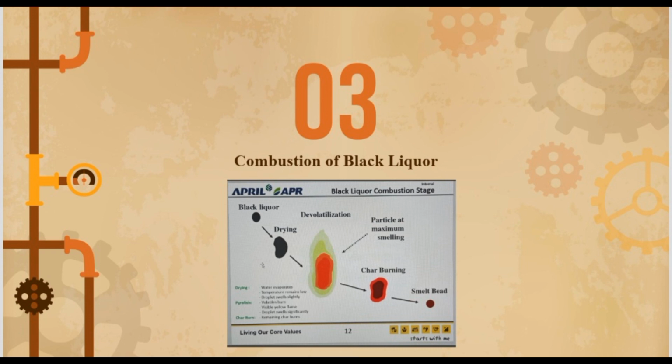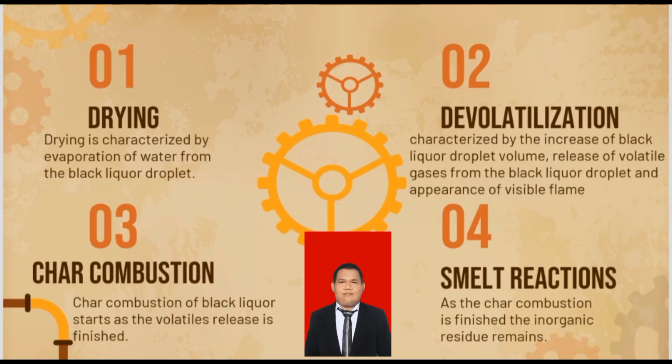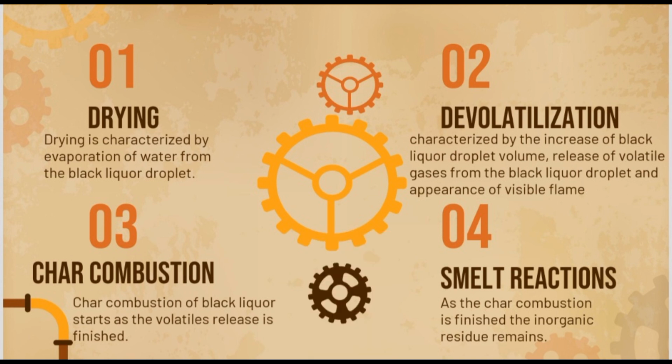Fadhil, please welcome. Thanks to the moderator, I will explain the material about combustion of black liquor. Black liquor combustion occurs either as a droplet sprayed into the furnace from a liquor gun or in the char pit at the bottom of the recovery boiler furnace. Black liquor is sprayed into the furnace through a number of liquor guns.